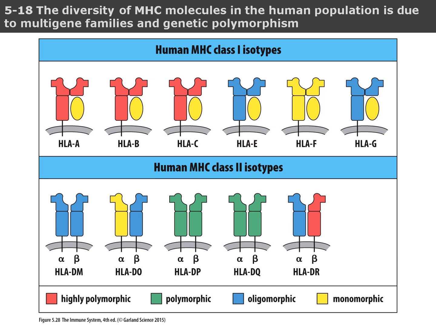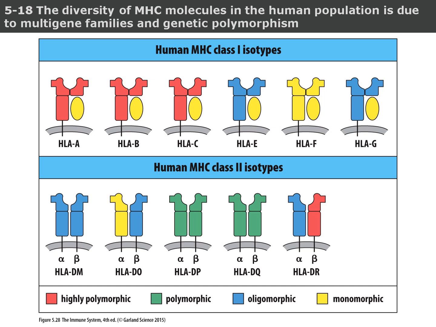HLA-A, HLA-B, and HLA-C are highly polymorphic, meaning they vary greatly between individuals. HLA-E, HLA-F, and HLA-G are less variable and are considered oligomorphic or monomorphic. These isotypes help the immune system detect infected or abnormal cells by presenting intracellular peptides to CD8 T cells.